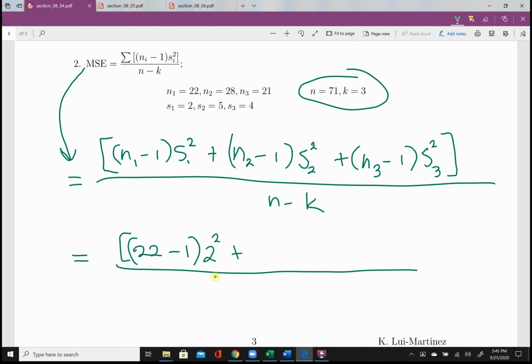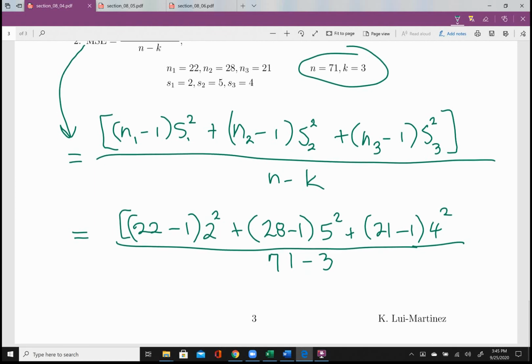Then add n sub 2, 28, minus 1, times s sub 2, which is 5, squared, plus n sub 3, 21, minus 1, times s sub 3, 4 squared. And n was 71 and k is 3, so n minus k is 71 minus 3.